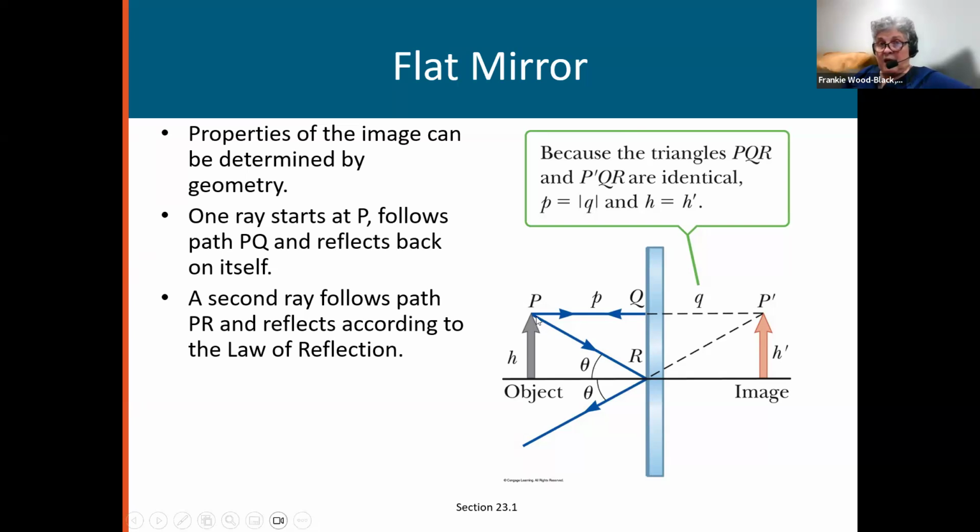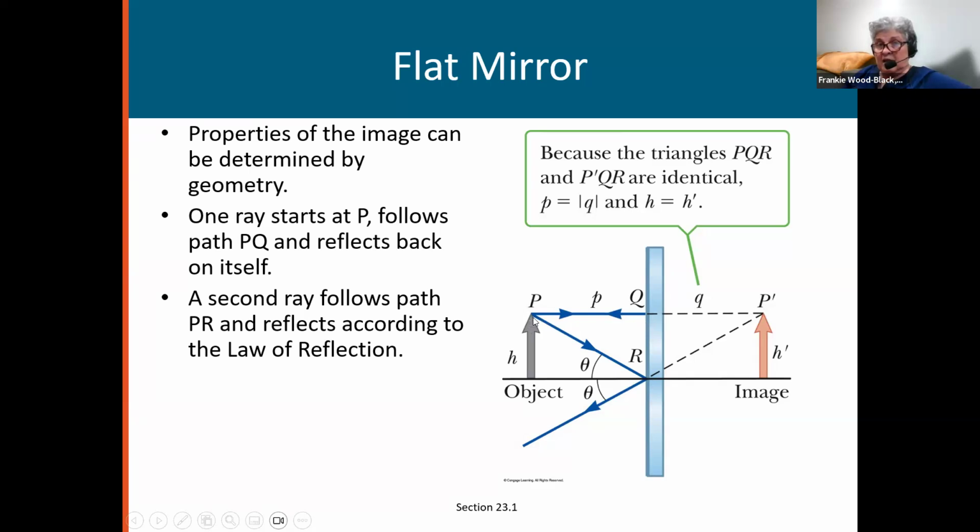One ray goes from the tip of my object directly parallel to this axis here. This is my normal axis. Parallel to that axis, and we're going to reflect: the angle of incidence equals the angle of reflection. Since it's 90 degrees, we're going to come directly back on it. Now I'm going to extend that out to the virtual side so I get that first line.